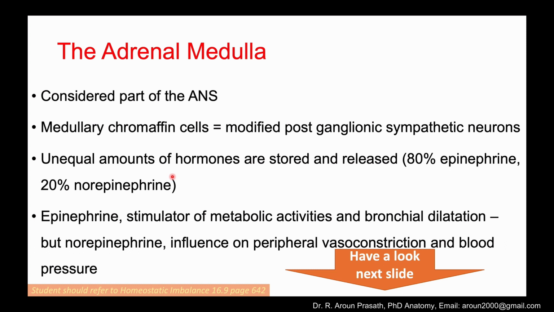So when it is a stressful situation, this kind of hormones are released. When epinephrine is released, it increases the metabolic activity and bronchial dilatation takes place. But at the same time, norepinephrine will increase the peripheral vasoconstriction and increase the blood pressure.